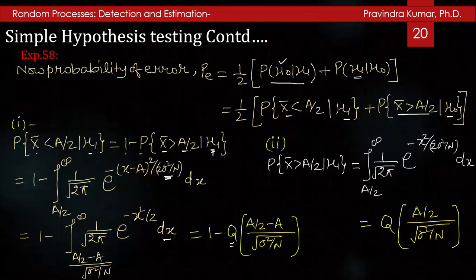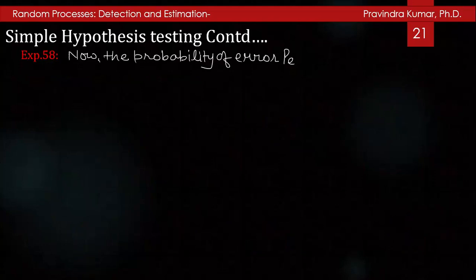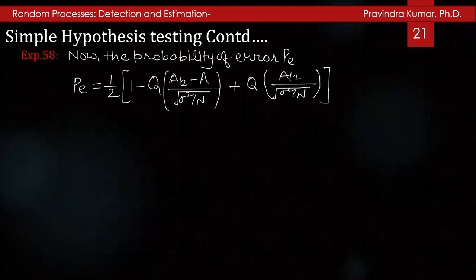So put these values from the first and second parts in the first equation. You will get the probability of error as 1 by 2 times [1 minus Q of (A by 2 minus A) divided by under root sigma square by n, plus Q function of A by 2 divided by under root sigma square by n].